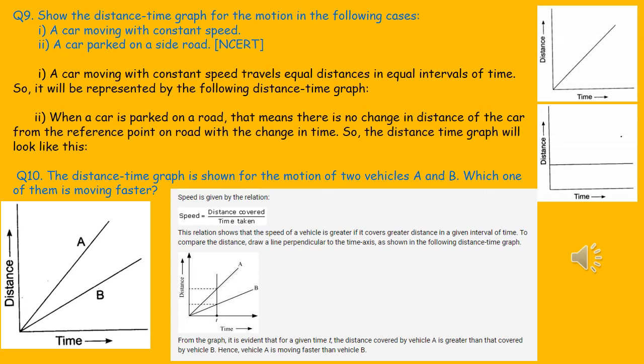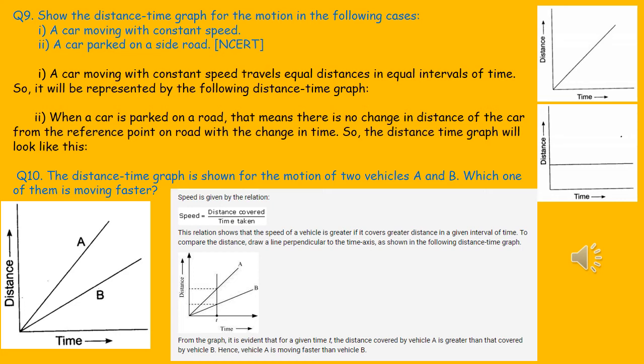How to know that? What you will be doing, you will choose a point on the time axis and drop a perpendicular as it is shown in the second figure. The perpendicular will intersect the two graphs A and B at two different points. From the intersecting points, you will draw a dotted line and will draw a perpendicular on the distance axis.